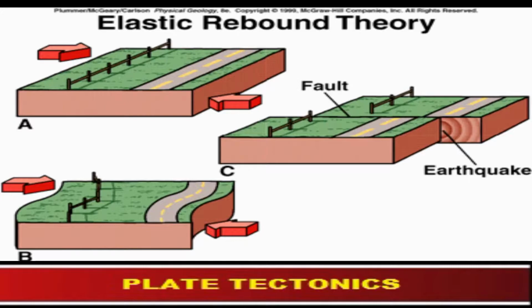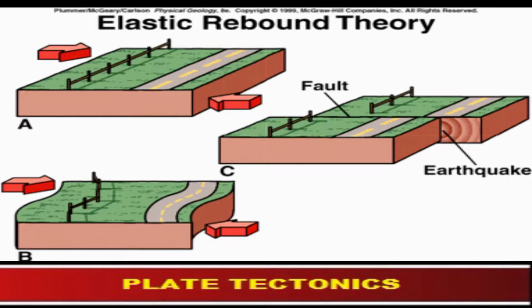Everybody, can you take a look at letter B? So there, the rocks under letter B, they are subjected to stress and eventually the rocks get strained. Meaning that slowly the rocks change shape or they get deformed. Now, as the deformation continues, eventually, the stress will exceed the strength of the rocks.